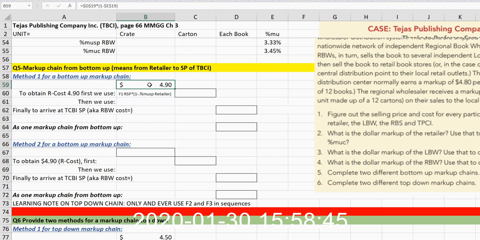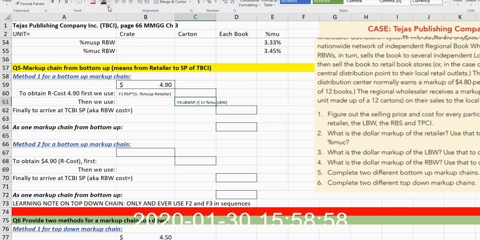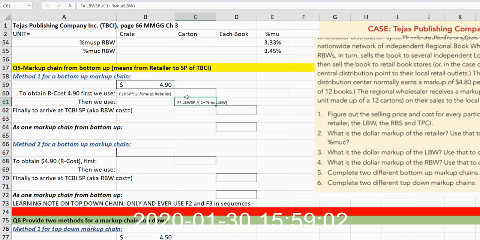Okay, now we need to use this in our next box to step up to the local wholesaler's level. We need to use F4 next so that we can determine, taking this local wholesaler's sales price, because we have that, now we can determine the local wholesaler's cost.